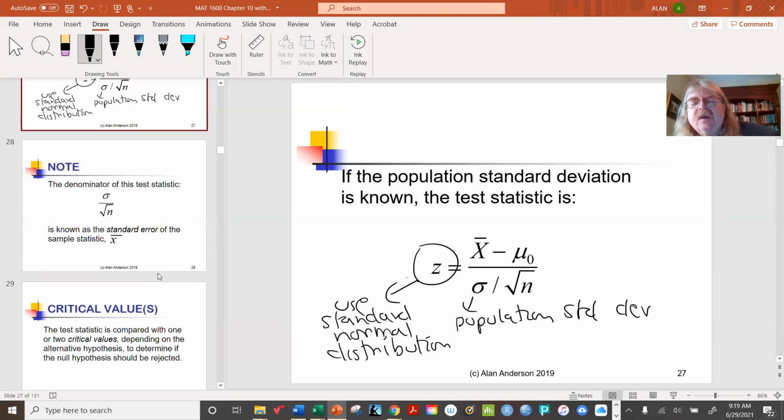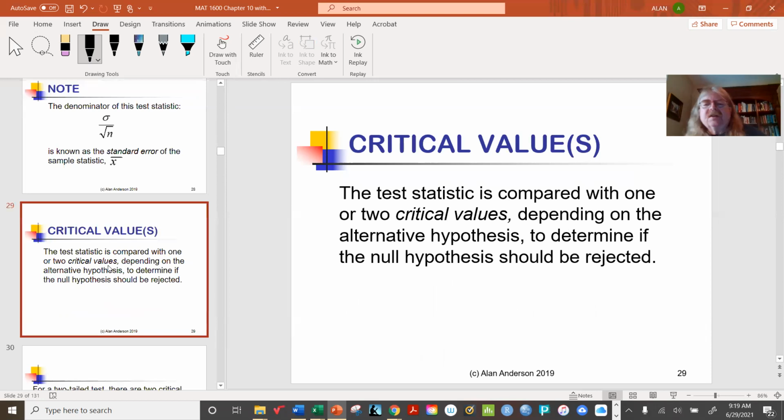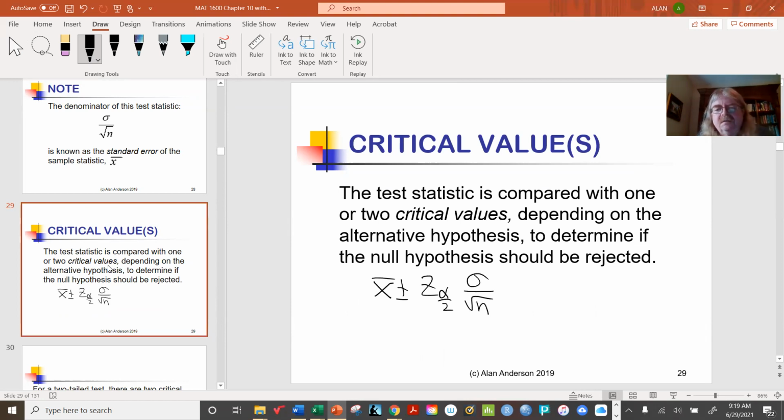So then we have to compare this result with something to make a decision. And that something, as we've seen before, is called critical values. You might recognize these from the previous chapter, for example, when we had a confidence interval involving the population, where we knew the population standard deviation, and when we didn't, it was down here.